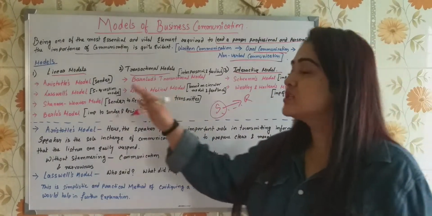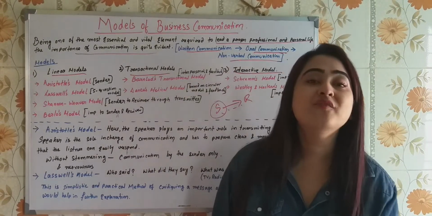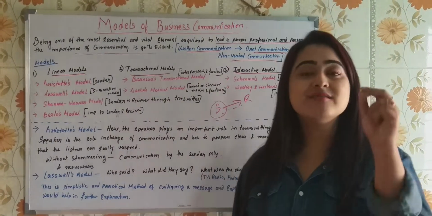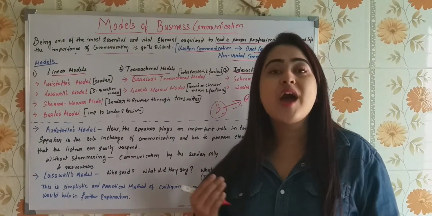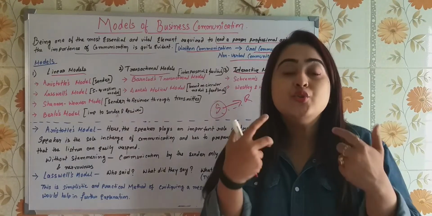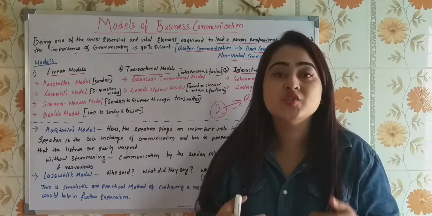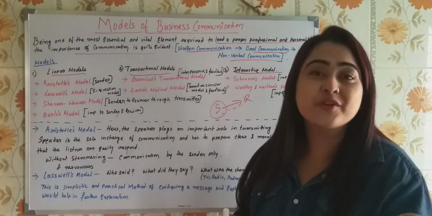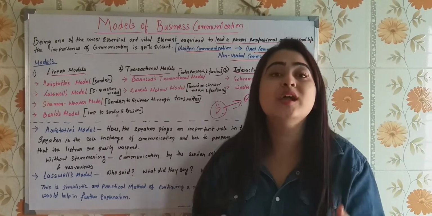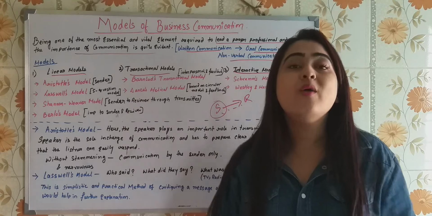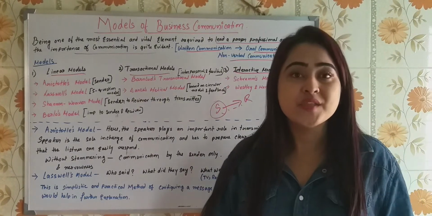Next we have Lasswell's model. This is called the 5-question model. Why? It's the most simplistic form of model. Why simplistic? Whenever I am telling you something, you are going to ask me questions. Where? In the comment section below, right? When you are asking me questions, why are you doing that? So that you become clearer about the things that I am saying to you, isn't it?